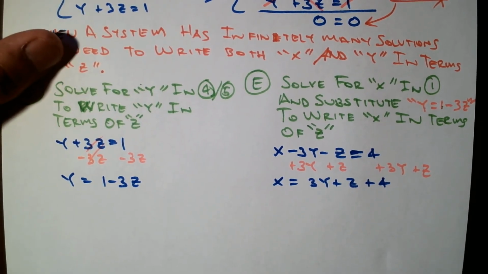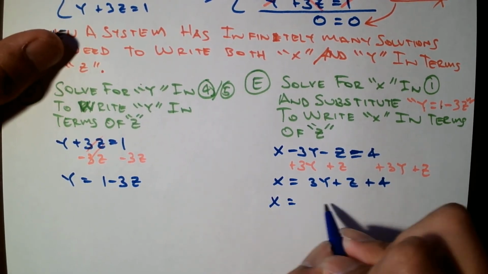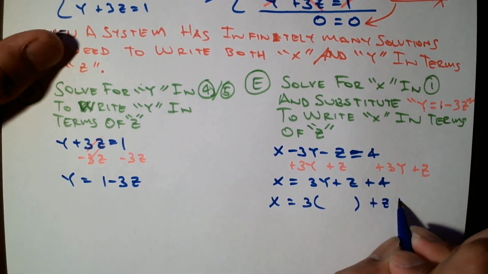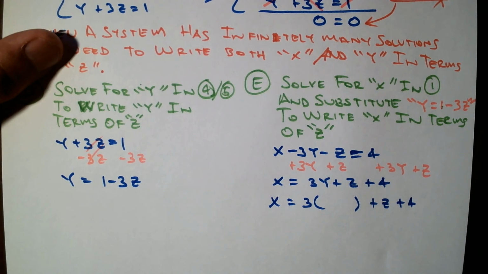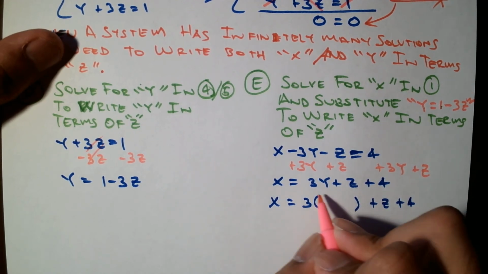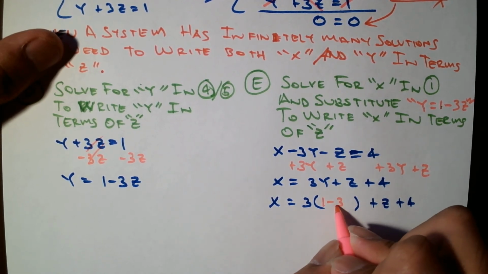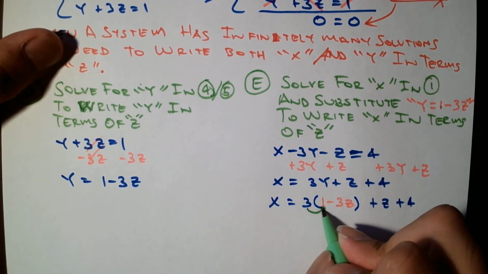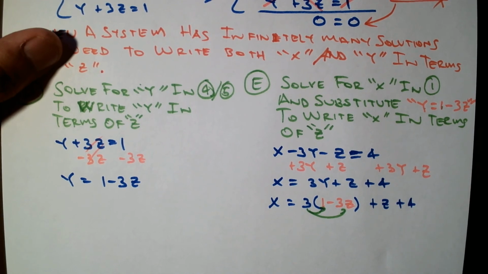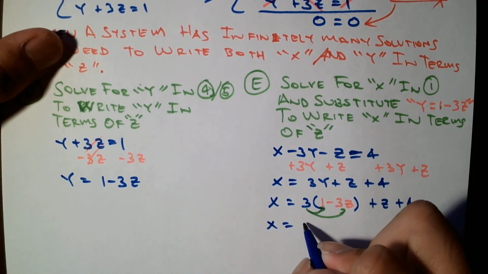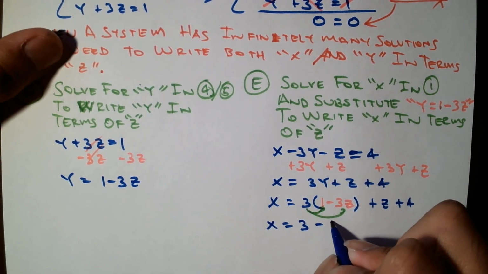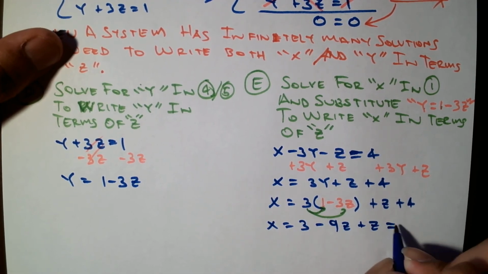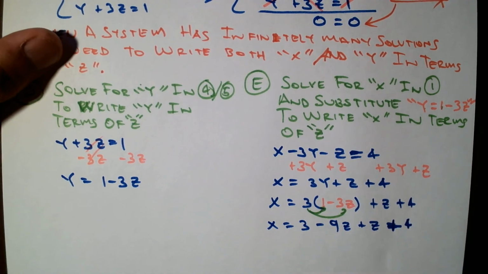So x equals 3 times (1 minus 3z) plus z plus 4. Distribute: 3 minus 9z plus z plus 4.